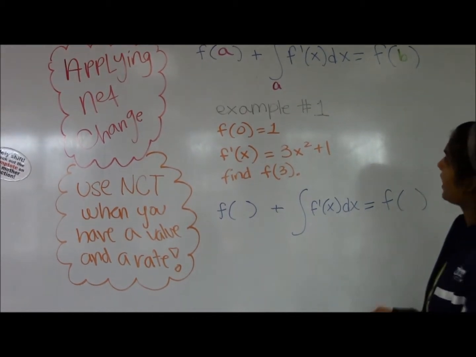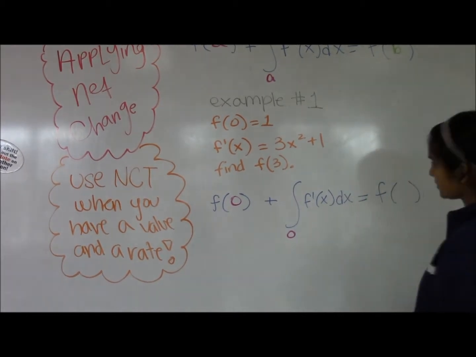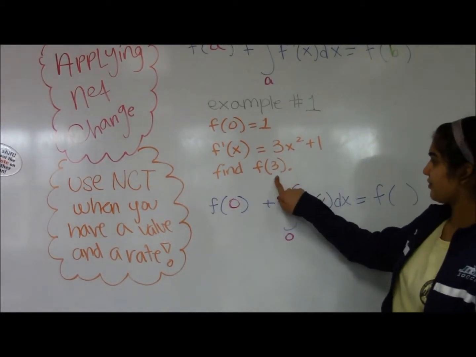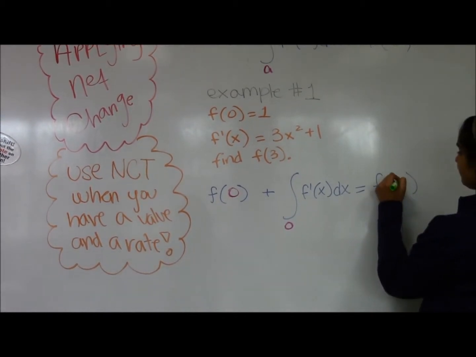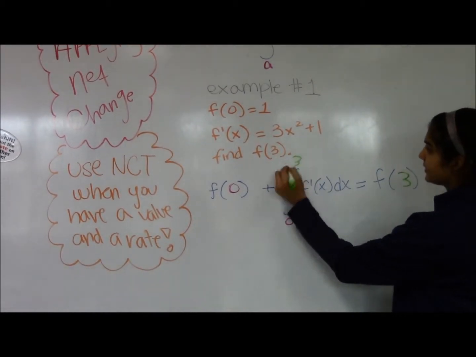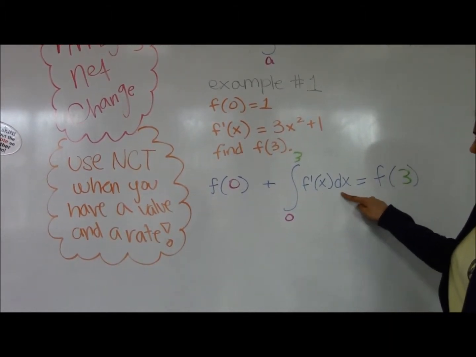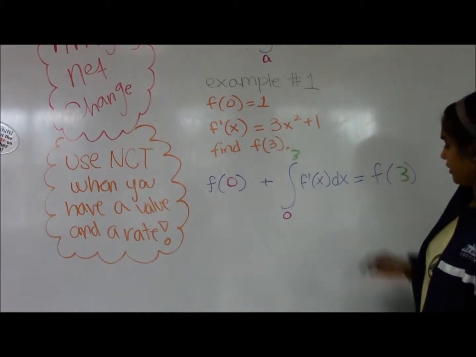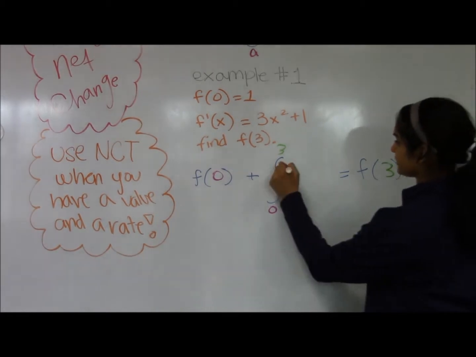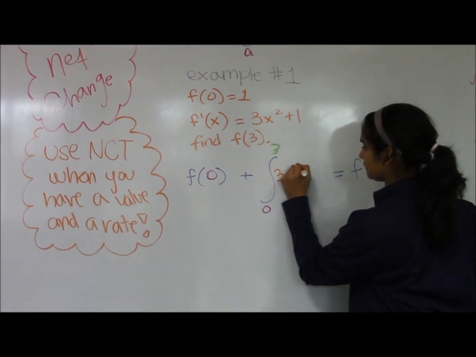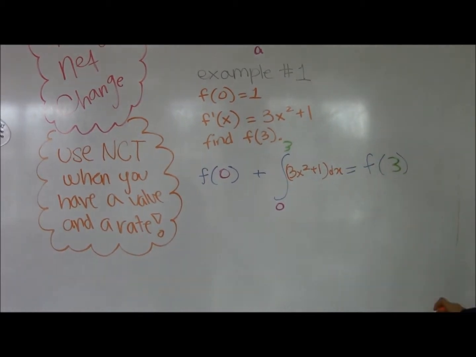So you put f of 0 here, it's your starting value, and you're trying to find f of 3, so 3 will be your b, and these are your bounds. And you know that f prime of x dx is given to you right here, so you can just plug that in for f prime of x, and then you have your equation.